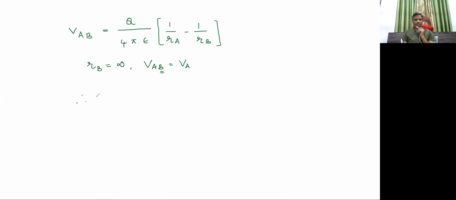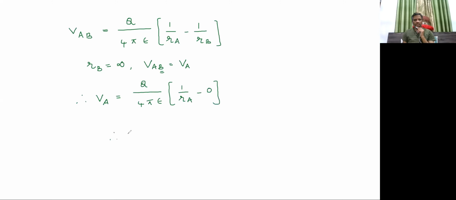Therefore, if you substitute RB equal to infinite, VAB will become simply VA, that is Q by 4 pi epsilon into 1 by RA minus 1 by infinite, which is 0.